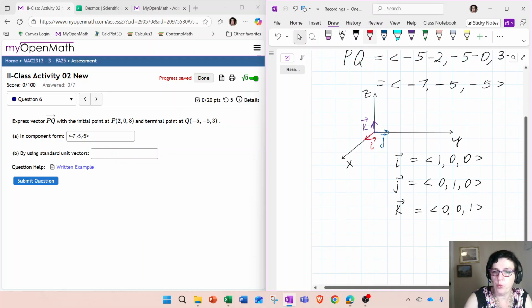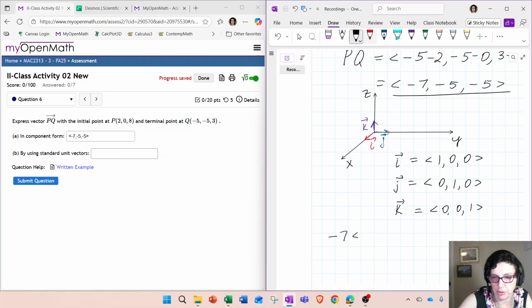Okay, so how can we express this vector using standard unit vectors? Well, what you can see is I want to multiply the i vector by -7, and then the j vector by -5, and then the k vector, but also by -5. So that would be <0, 0, 1>.